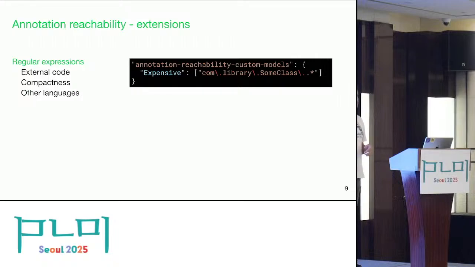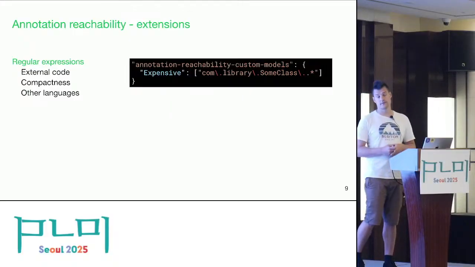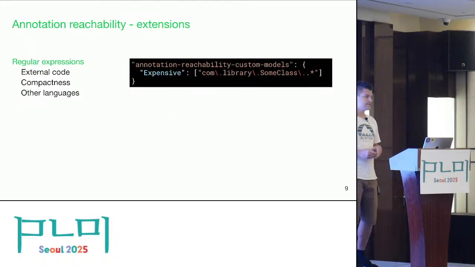For example, in one of the properties, they wanted to say that every UI event handler is a source. So basically, you could just say that if it matches some regular expression over some base UI class, then every derived function should be treated as a source. But this also opened up the opportunity to support other languages which don't have annotations.